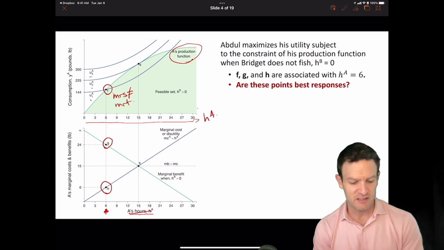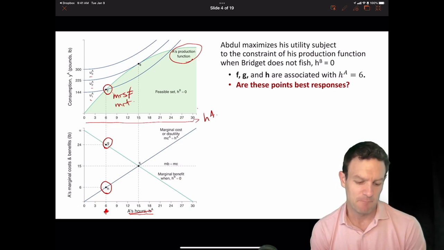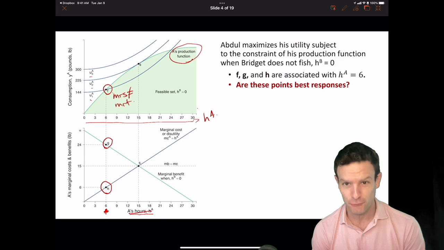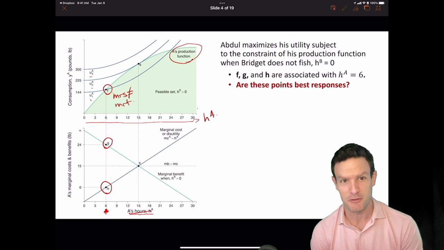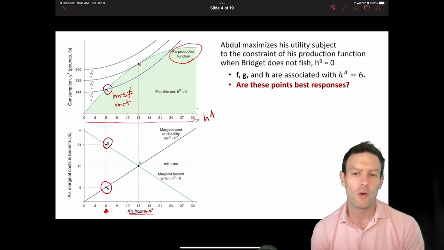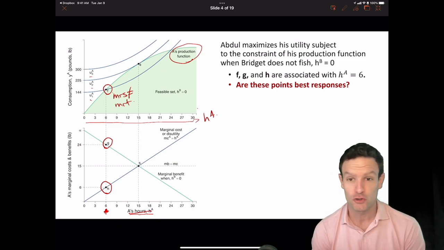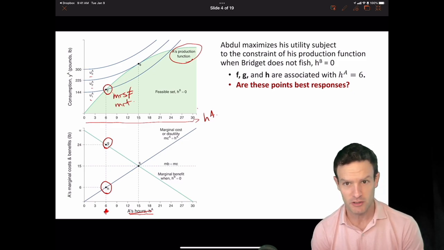In fact, we can see that the two slopes are different, and therefore the willingness to pay is not equal to the opportunity costs. So what we want to think about there is that Abdul could in fact be better off by increasing his hours of work and thereby getting more fish to consume.